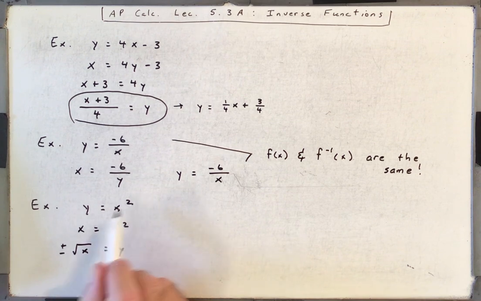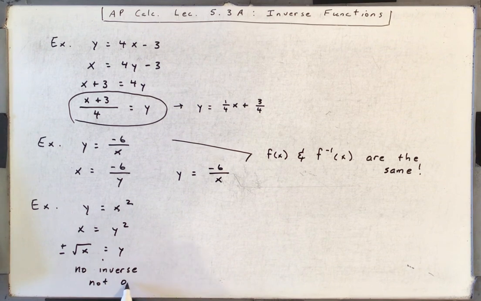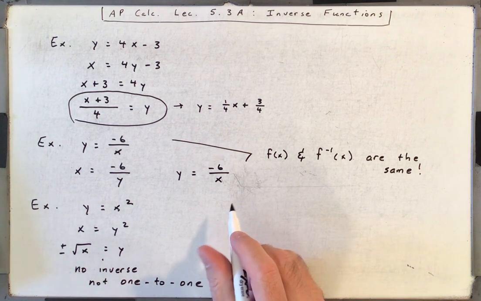If we square 2, it's going to be 4. So it's not one-to-one. We have no inverse. It's not a one-to-one function, because you have more than one x for each y.